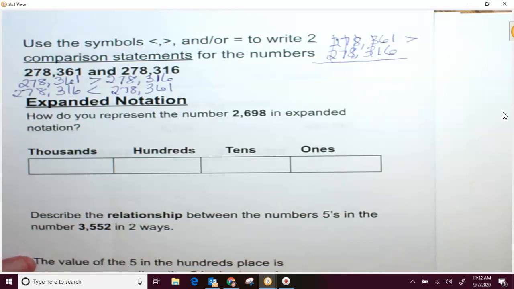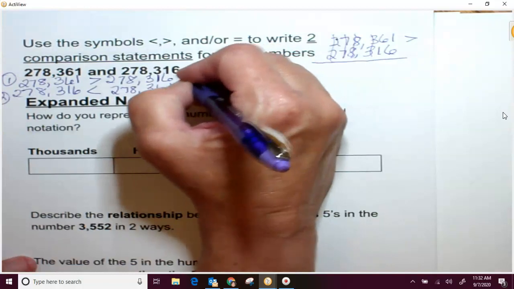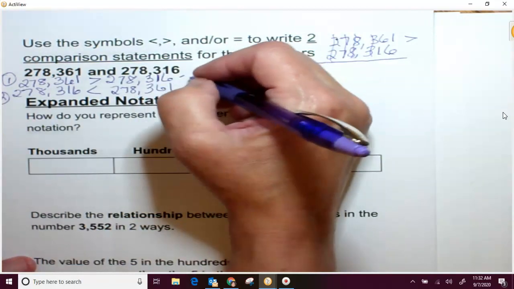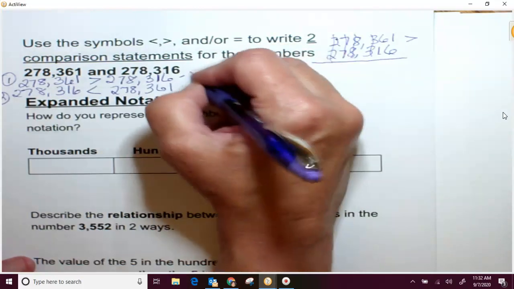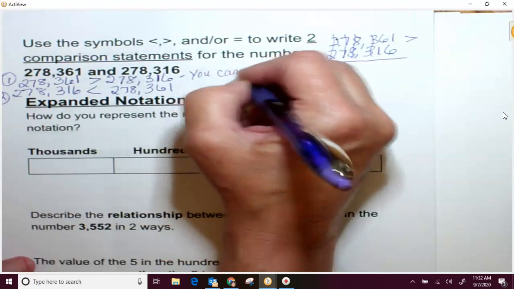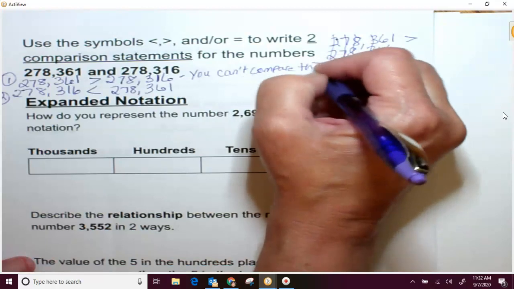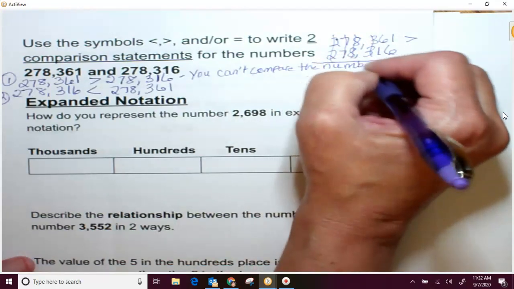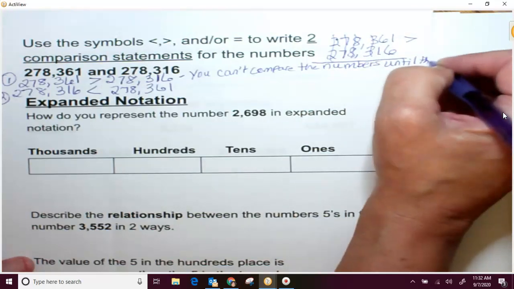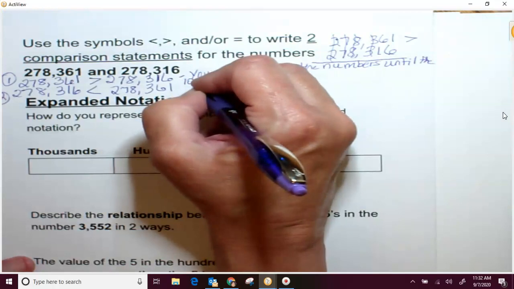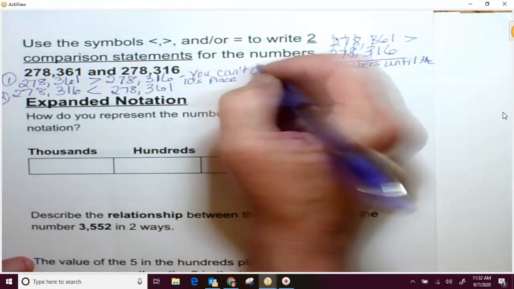Okay, now if I justify my answers, I have for this first one here, and this is my second one. The first one, what I put was: you can't compare the numbers until the tens place because the rest are the same.